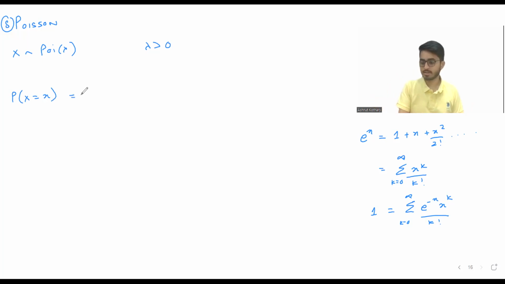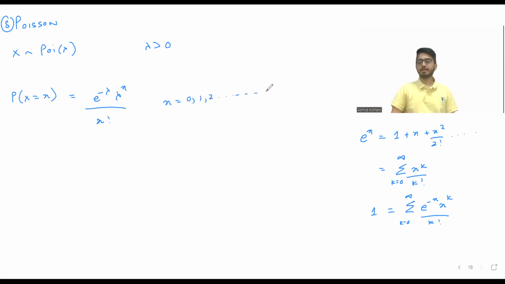It's just that we can express it in this form. Probability x equal to x is e to the power minus lambda, lambda to the power x by x factorial. This is my probability function for a Poisson distribution. And what is the range? From 0 till infinite in multiples of 1.